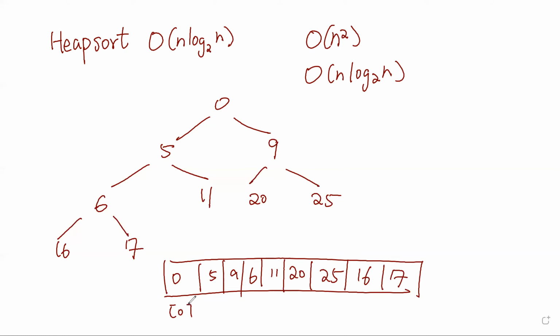So sub 0, sub 1, sub 2, sub 3, sub 4, sub 5, 6, 7, and 8 as the corresponding array. It's all stored in an array, and this is a minimum heap tree.